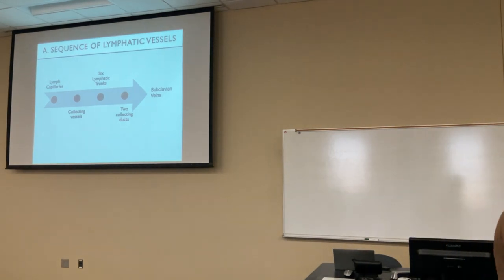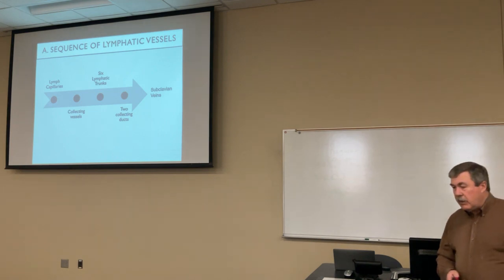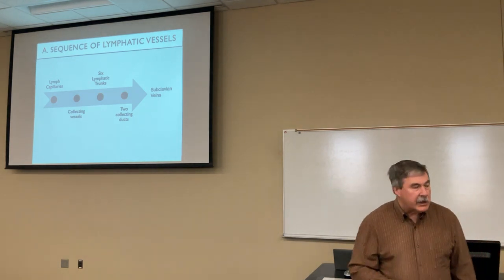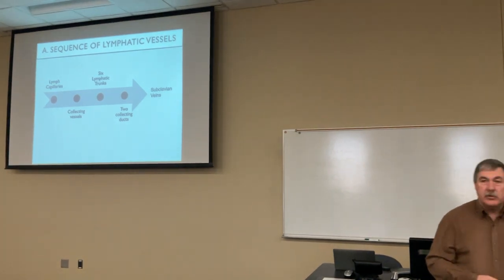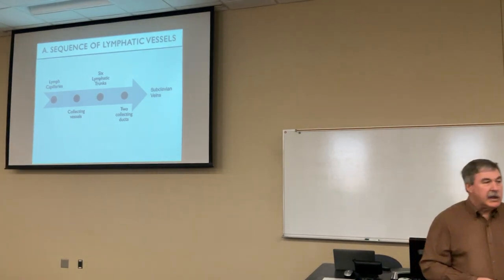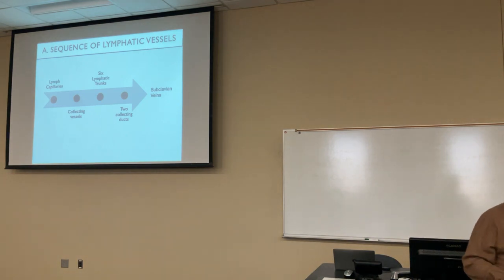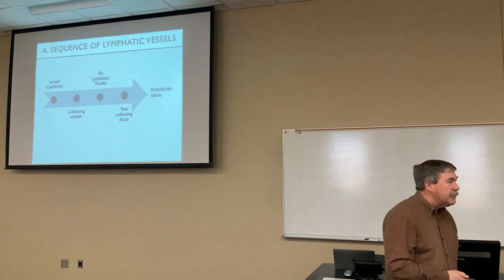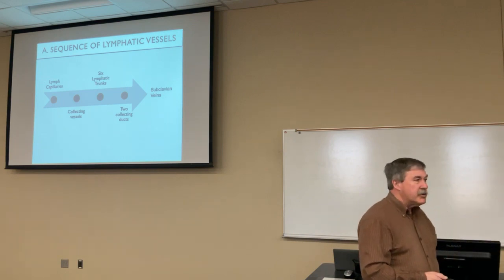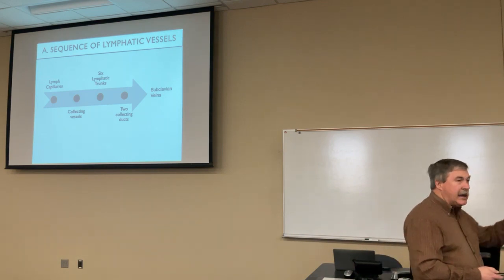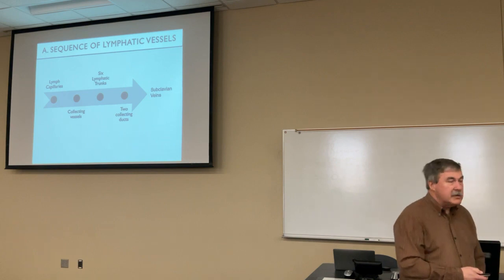One of them is called the thoracic duct, and the other one is called the right lymphatic duct. Those 2 collecting ducts then empty into the left and right subclavian veins, which is where the lymph ends up. So it enters the venous circulation, the first point when it goes back into the cardiovascular system.